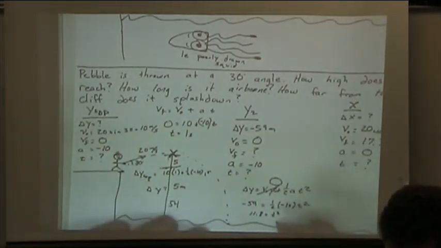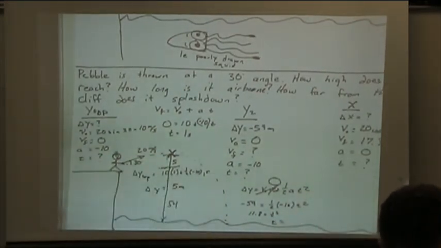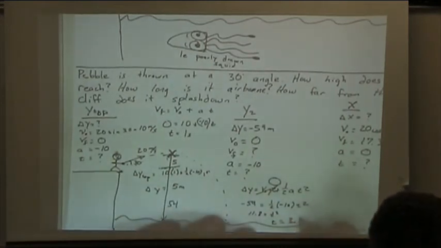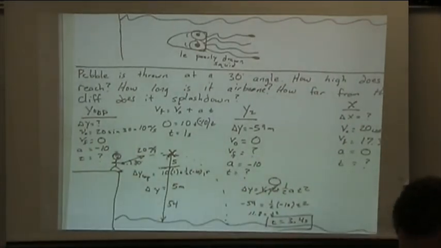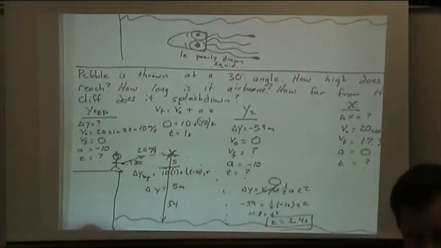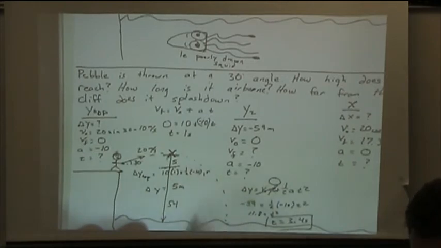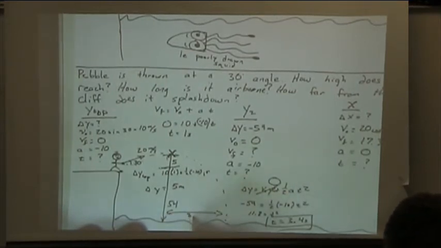And so that's going to mean T equals 3.4 seconds. Now, let's make sure we understand what that 3.4 seconds applies to. Remember, we were doing Y2 for this list, so from the top to splashdown is 3.4 seconds.